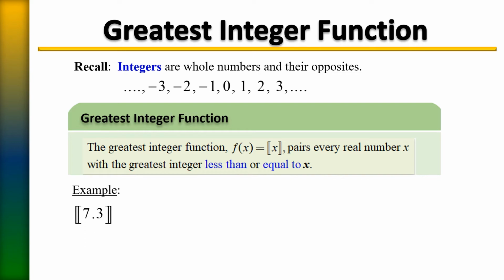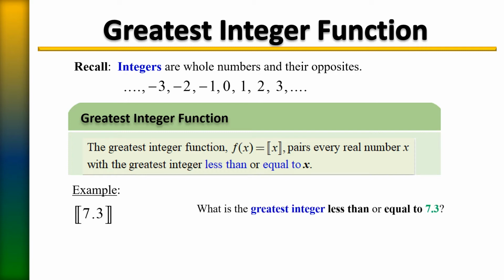It cannot be a fraction, only an integer. And it has to be an integer that is, here's the key, less than that 7.3. Now the only way it could be equal to is if it's an integer. And since this is not an integer, we're looking for a number that is smaller than 7.3 and it's an integer.